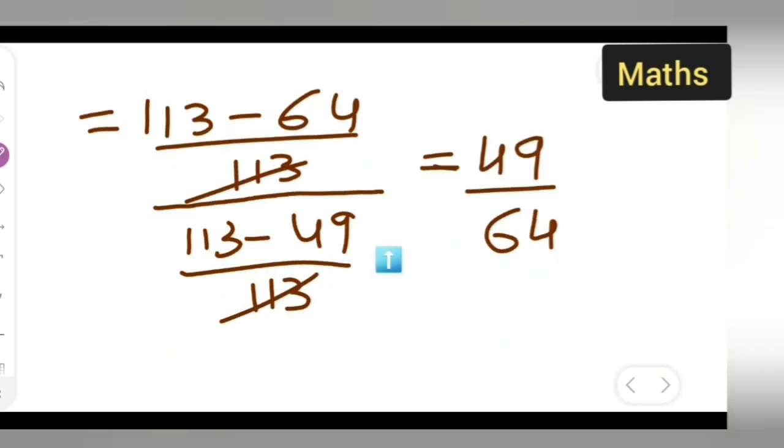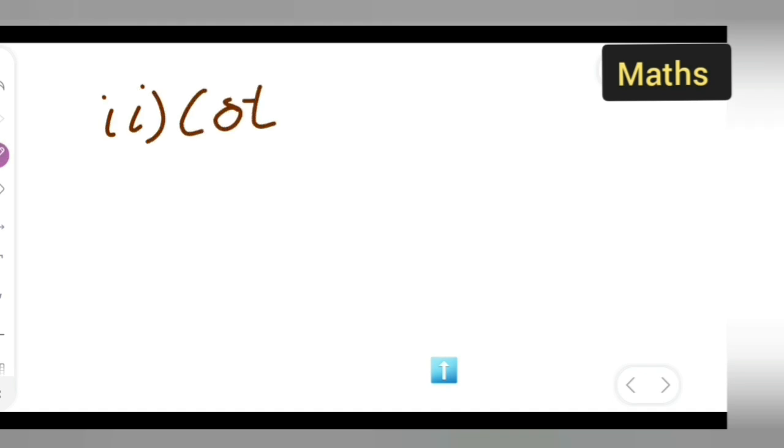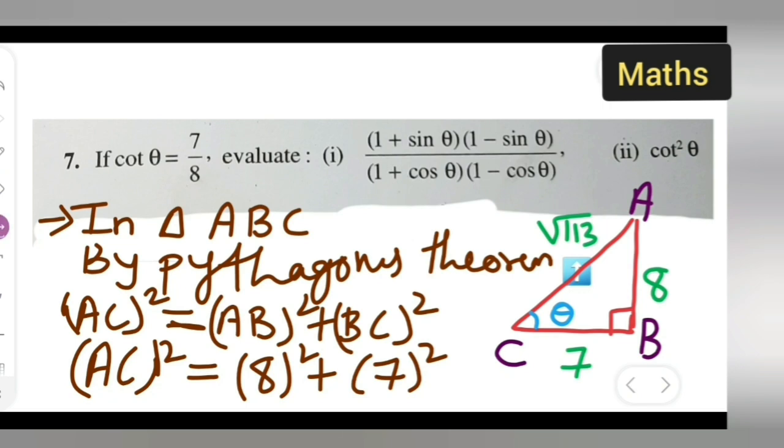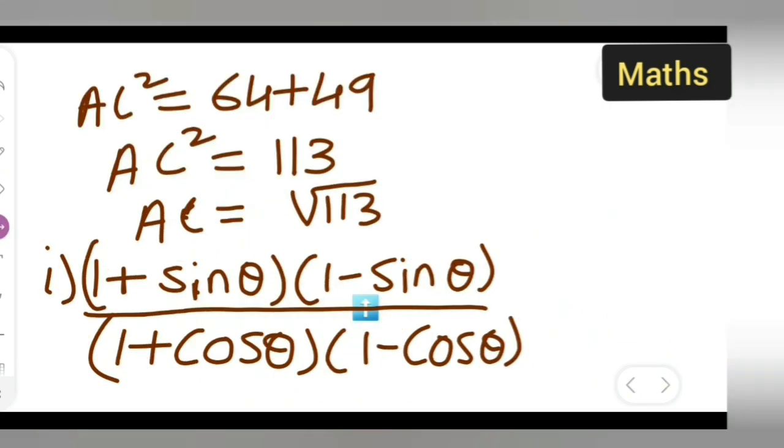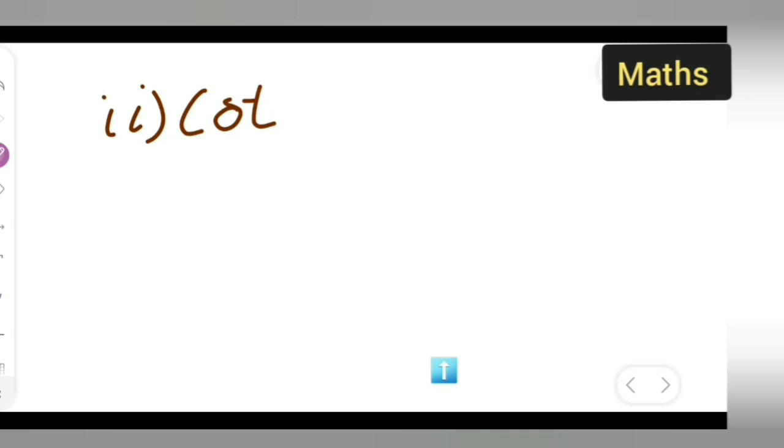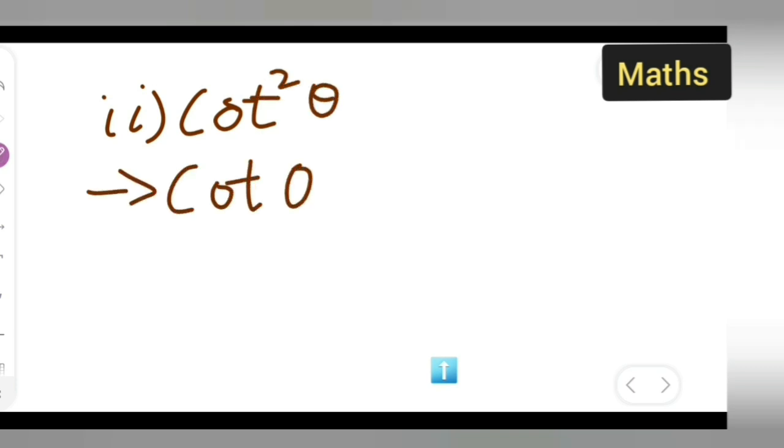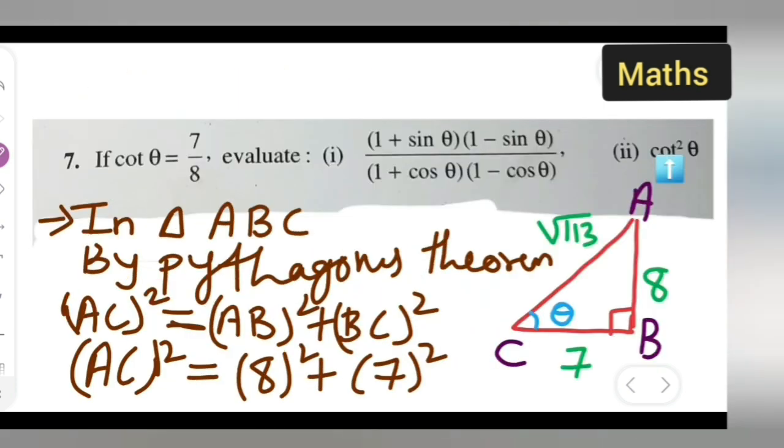Now the second one you were told to find out was cot square theta. Cot square theta is to be found. Now what is cot theta? Cot theta is nothing but 7 upon 8. Cot theta is given to be 7 upon 8.